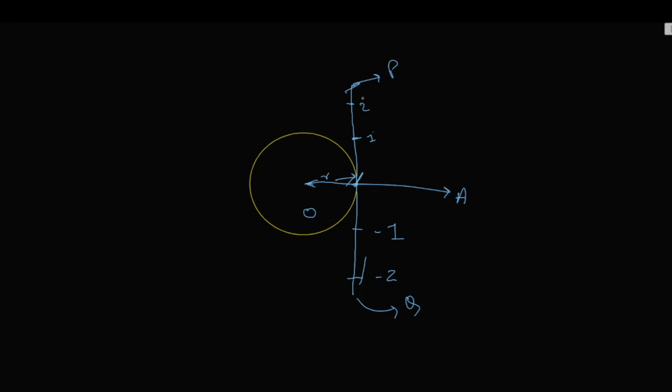Say this is a circle, this is the point A, this is P, and this is the center O. If you move it clockwise or anti-clockwise, like this, 1, 2, there will be a point where this is projected here, and this will correspond to 1 unit, right?